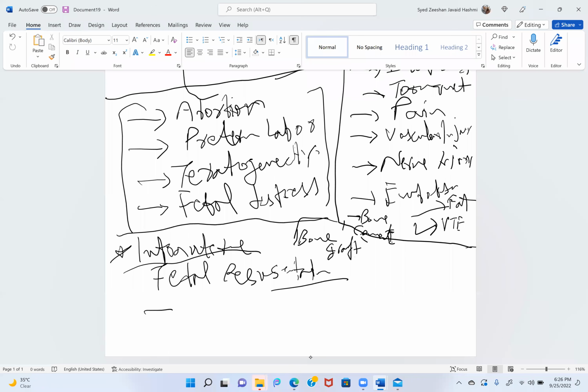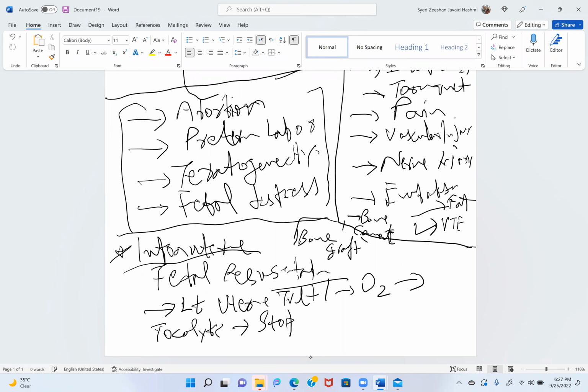What is it? Sir, the main goal is basically maintaining blood flow to the fetus, keeping the mother hemodynamically stable, because placental blood flow is not auto-regulated. It depends on the pressure of the mother's systemic circulation.